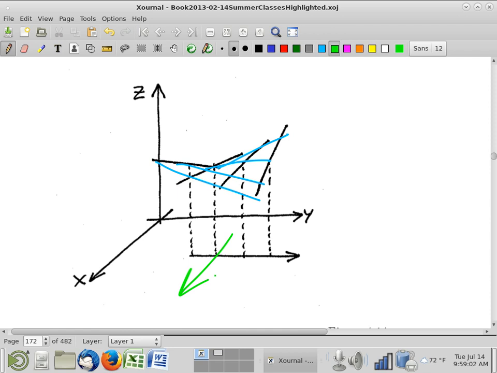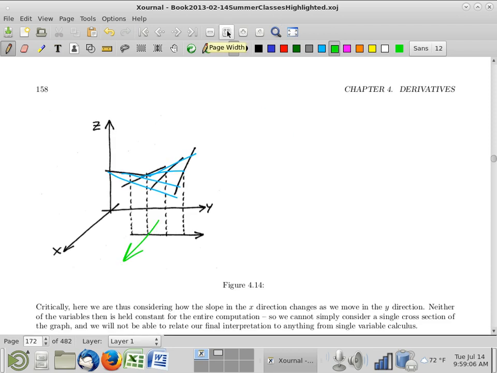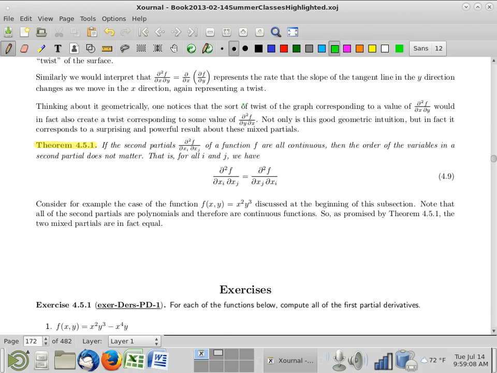And this is represented algebraically in the wonderful little result down here, that under certain conditions, that we'll talk about in a second, those mixed partials are the same. And most of the time this is true. So I have this phrase as the xi partial and the xj partial.